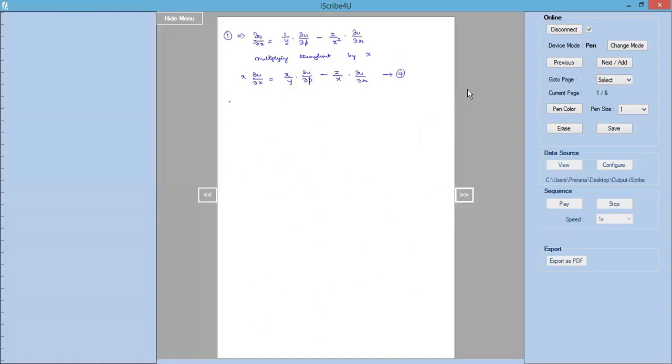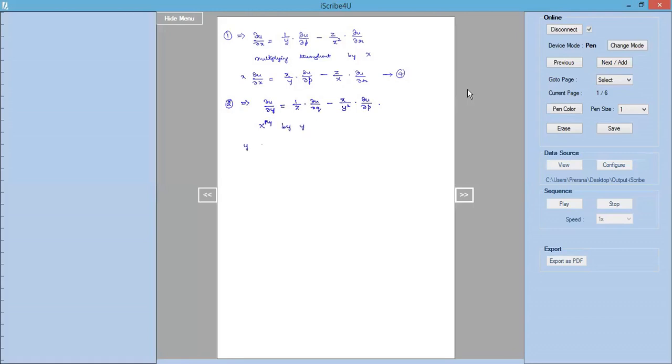So equation 2 implies dou u by dou y is equal to 1 by z into dou u by dou q minus x by y square into dou u by dou p. Here we multiply by y throughout.